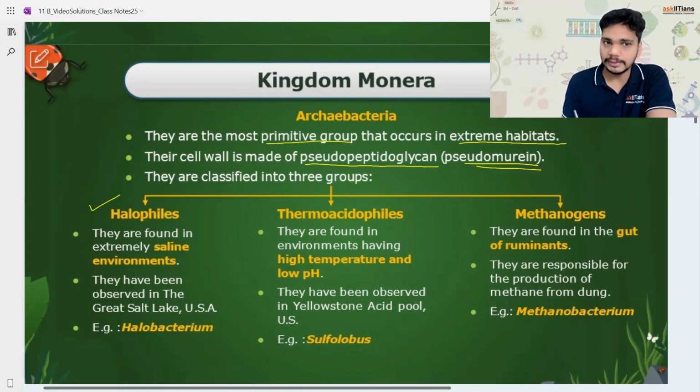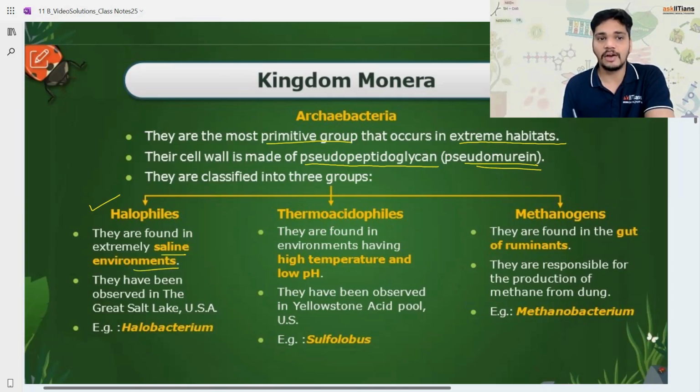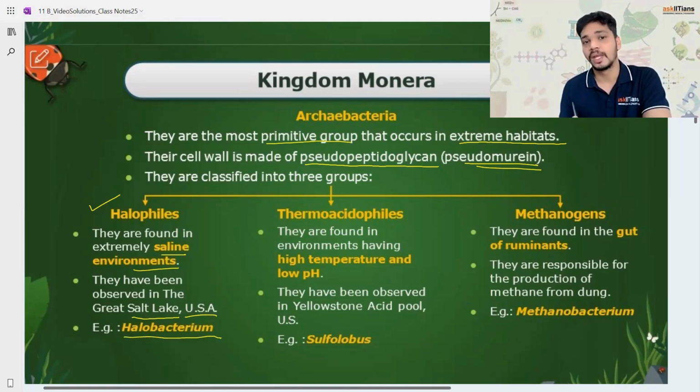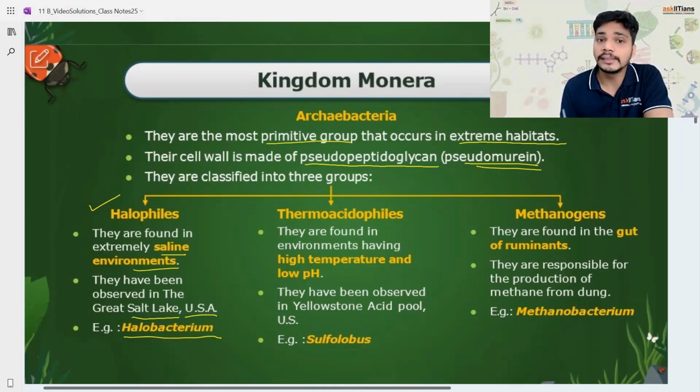So the halophiles are first found in saline environments. They have been observed in the Great Salt Lake, USA. Even in that salty lake, where no organisms would survive such extreme conditions, they are still fine. So they are called halobacterium. Then we have thermoacidophiles. They are found in environments having high temperature and low pH.